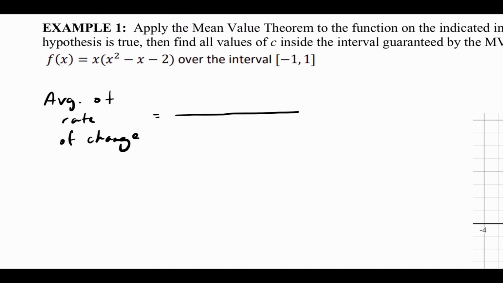So when you find a slope, what do you need? Like when you found slope back in 7th grade for the first time, what were the things that you needed if you didn't have a picture? 2 points, right? I need 2 x's and 2 y's.